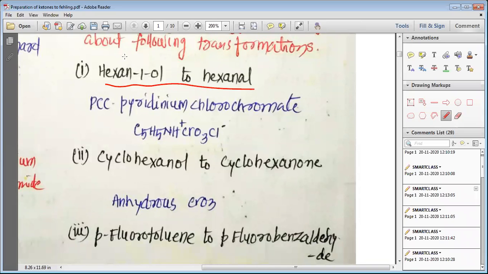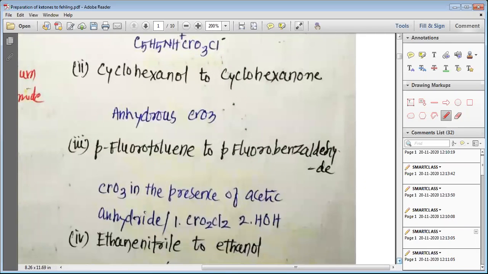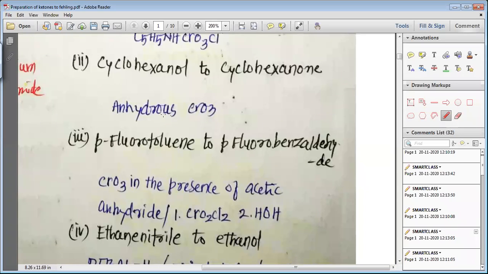Hexan-1-ol to hexanal, that is your alcohol is converted to aldehyde by PCC, that is pyridinium chlorochromate. Then if you want to convert, my dear student, the cyclohexanol to cyclohexanone, you can use anhydrous CrO3. It's an alcohol that has been converted to ketone.